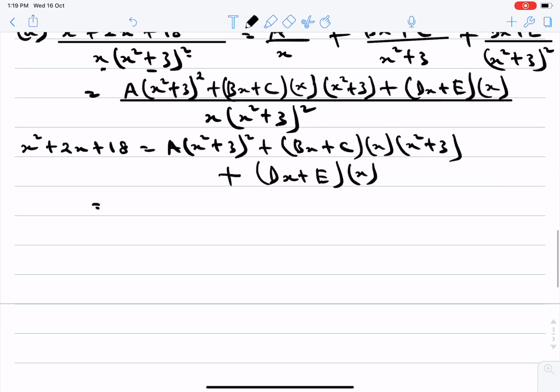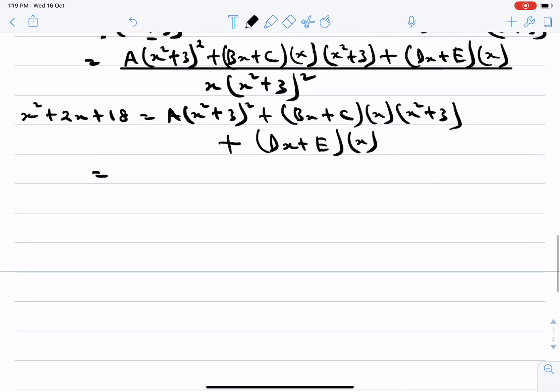Now we are going to expand the right hand side.